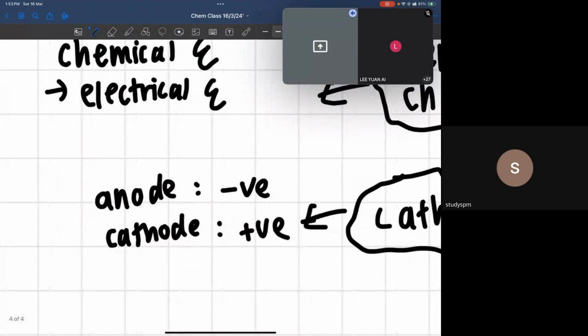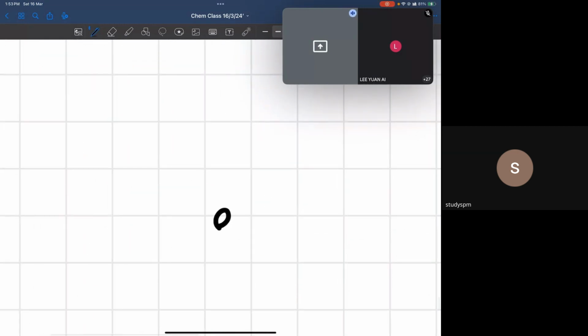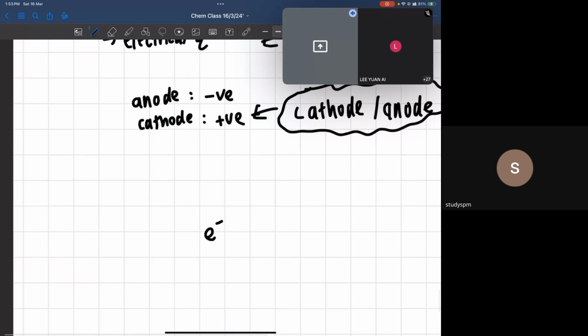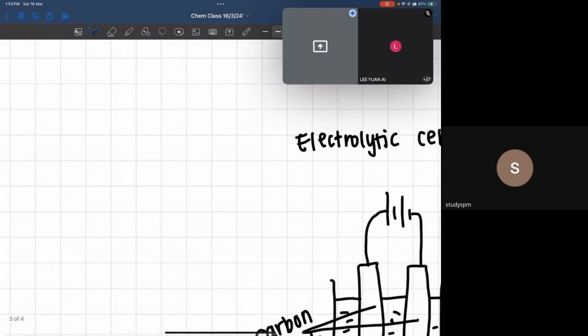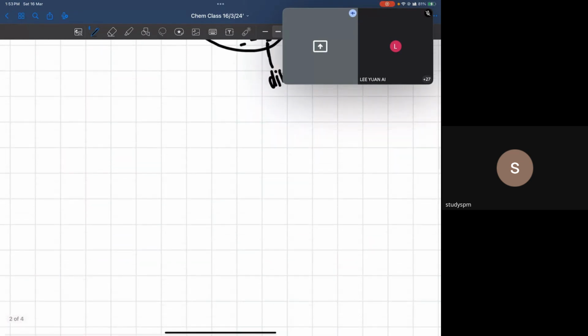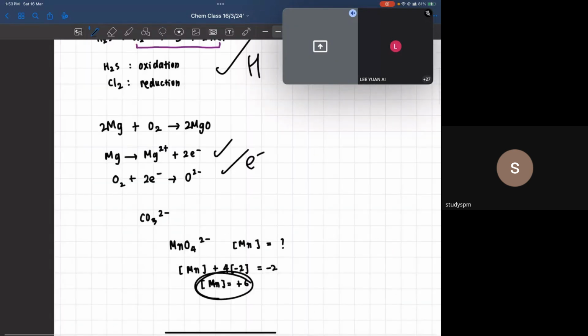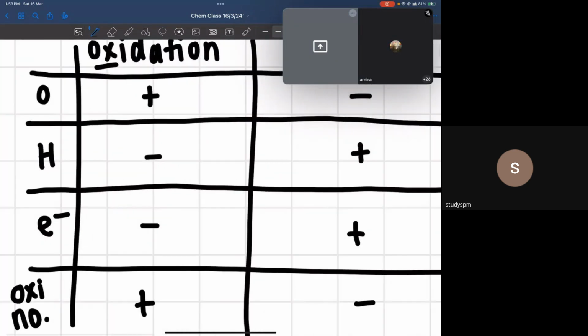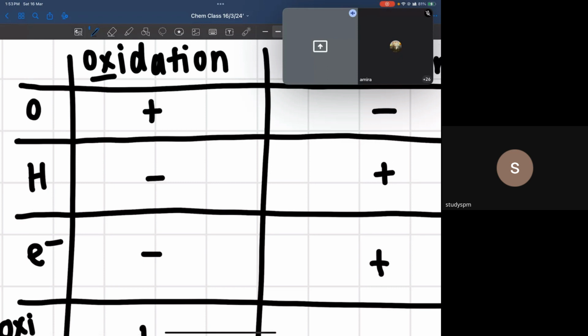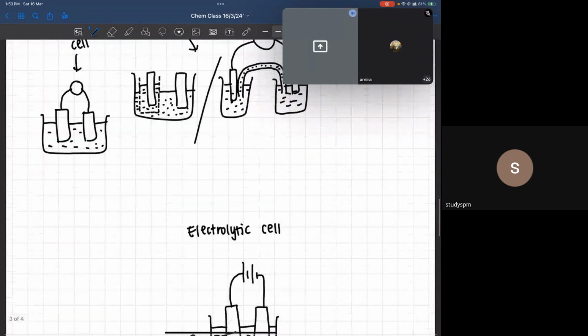Why is oxidation actually negative? Because, okay, earlier we learned about electrons and oxidation. What's the relationship? The relationship between oxidation and electrons is, when something releases electrons, we can say that one is oxidation. Why?